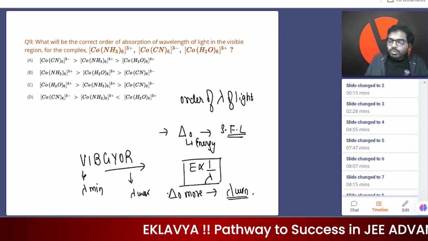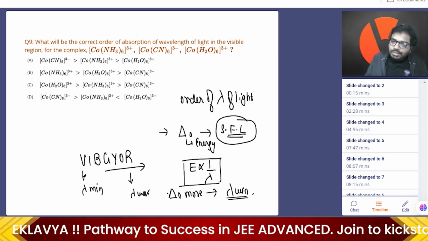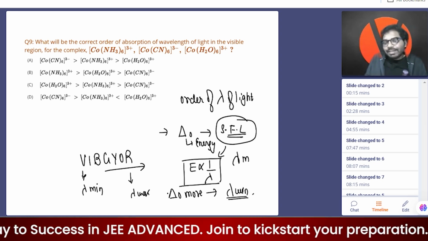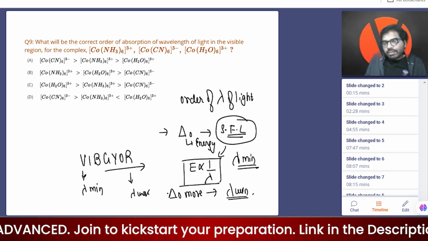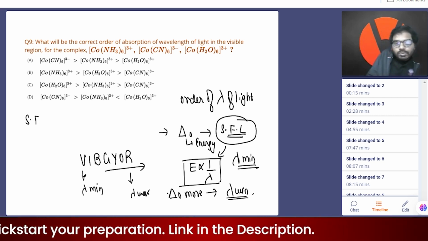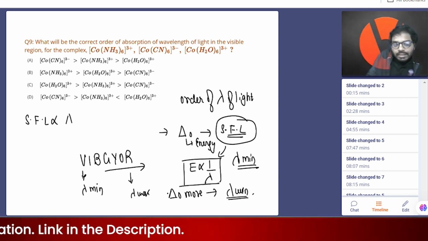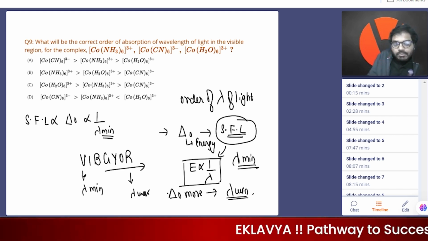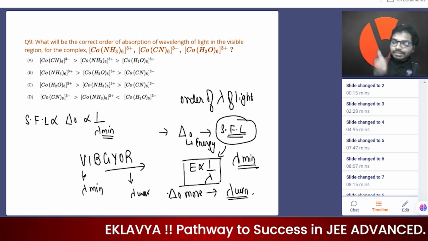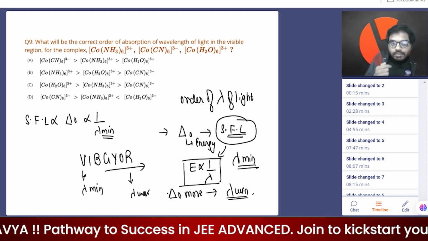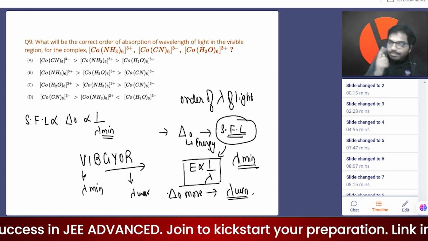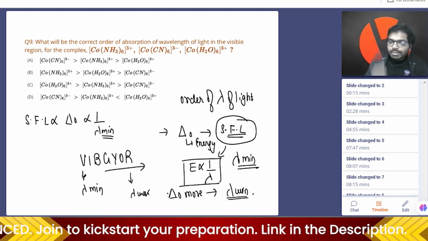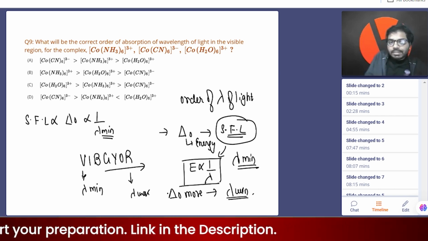So we have to check that the strong field ligand has the greater energy and the wavelength will be the minimum, since strong field ligand has delta O maximum. We can see the central metal ion is the same, and the charge on the central metal ion is also the same. These two factors are the same, only the ligand differs.